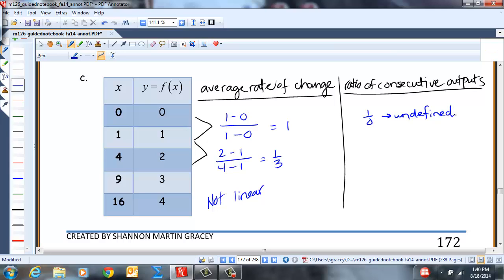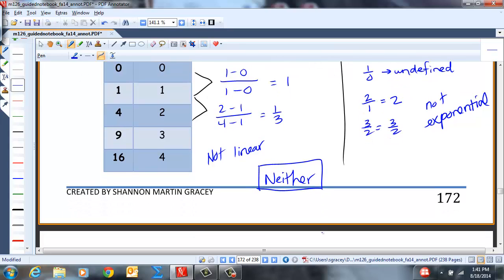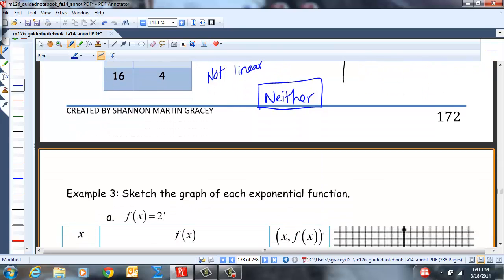So I'm thinking this will be neither. So then 2 divided by 1 is 2. 3 divided by 2 is just 3/2. 4 divided by 3. So this is not exponential. So our answer would be neither. And there's no need to find a function since we don't have something that is linear or exponential.